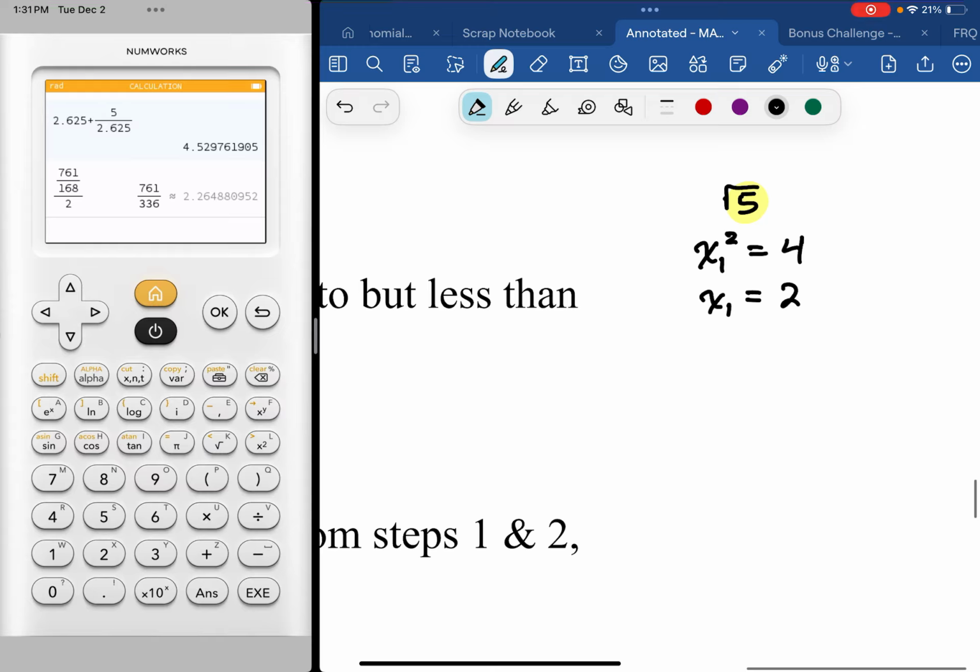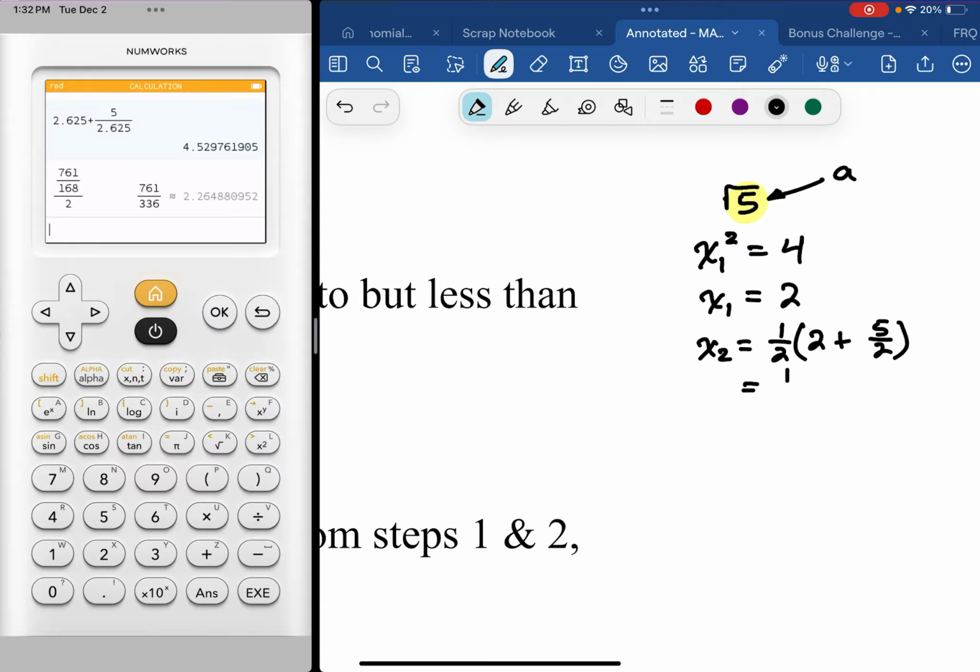All right. So my x sub 2, so the first iteration through this process, and the example that we're doing now asks us to do 3 iterations. So this is actually my first iteration, coming up with x sub 2. So that would be 1/2 times 2 plus my a value here, the number that's under the radical, is 5, so 5 over 2.